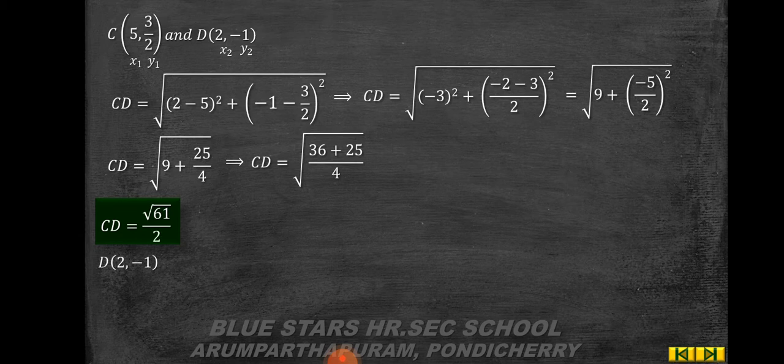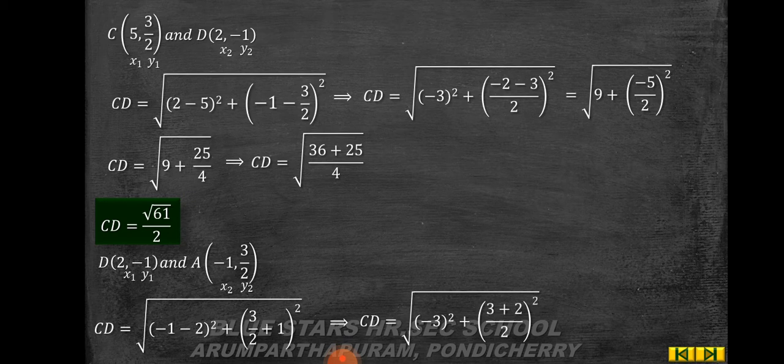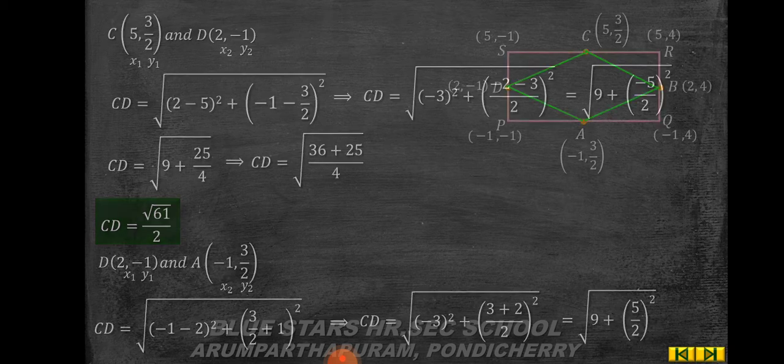Then D is 2 comma minus 1 and A is minus 1 comma 3 by 2. Mark the coordinates. So the distance formula, DA is equal to root of (minus 1 minus 2) the whole square plus (3 by 2 plus 1) the whole square, which implies DA is equal to root of (minus 3) the whole square plus ((3 plus 2) by 2) the whole square, which is equal to 9 plus (5 by 2) the whole square.